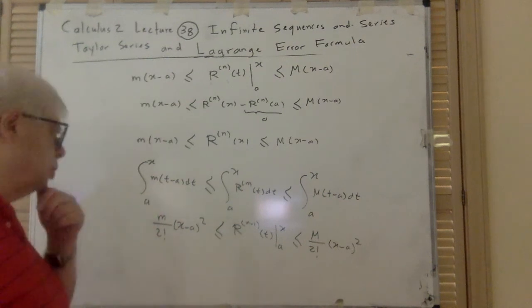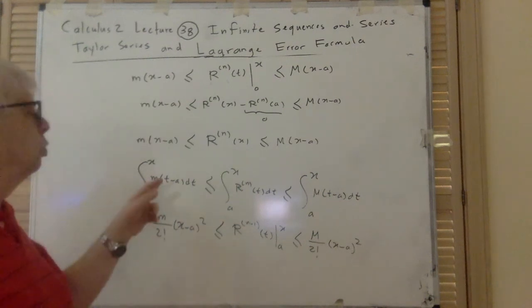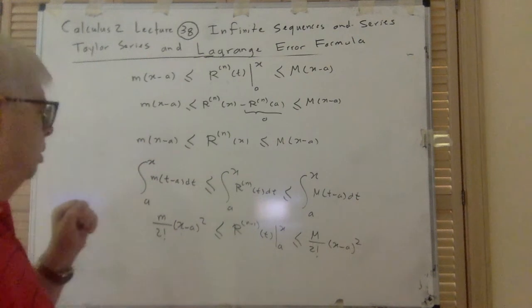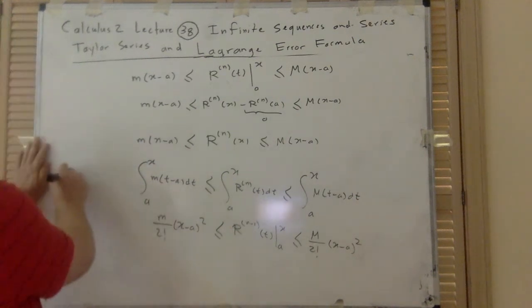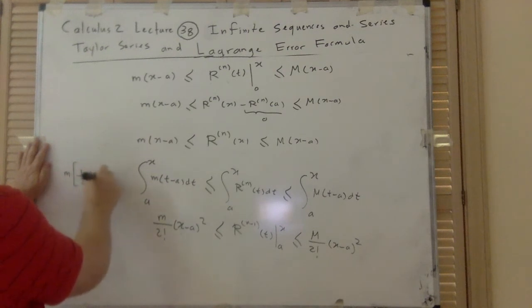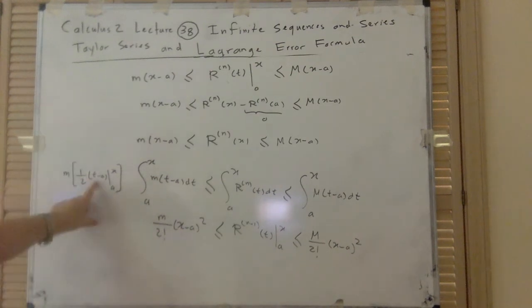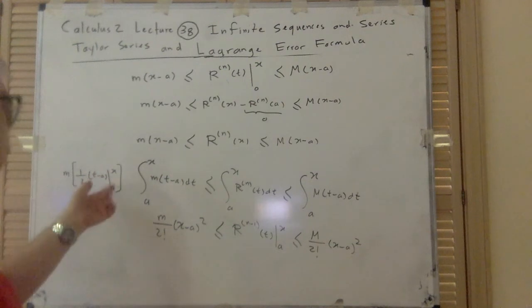Otherwise you might say, what happened? This is 1/2 t minus a. In fact, this integral is m, but the m is constant, times t minus a from a to x, which is x minus a minus a minus a, which is 0. So it is x minus a squared.